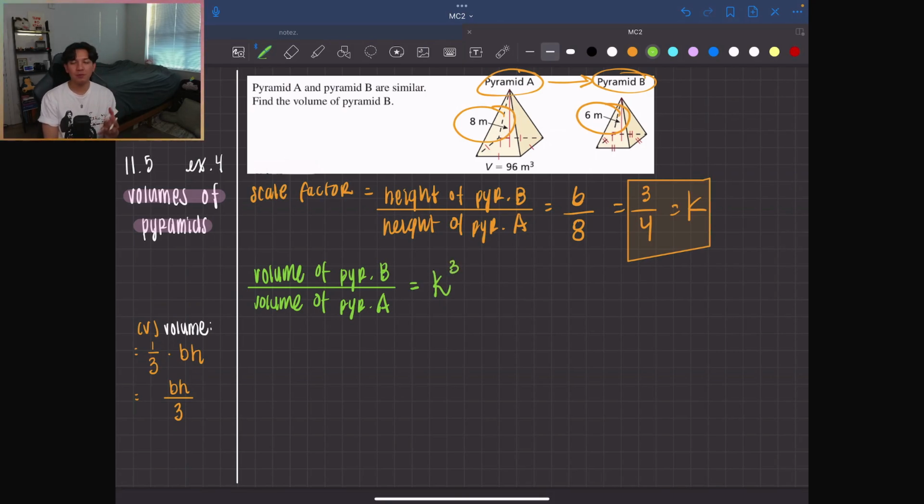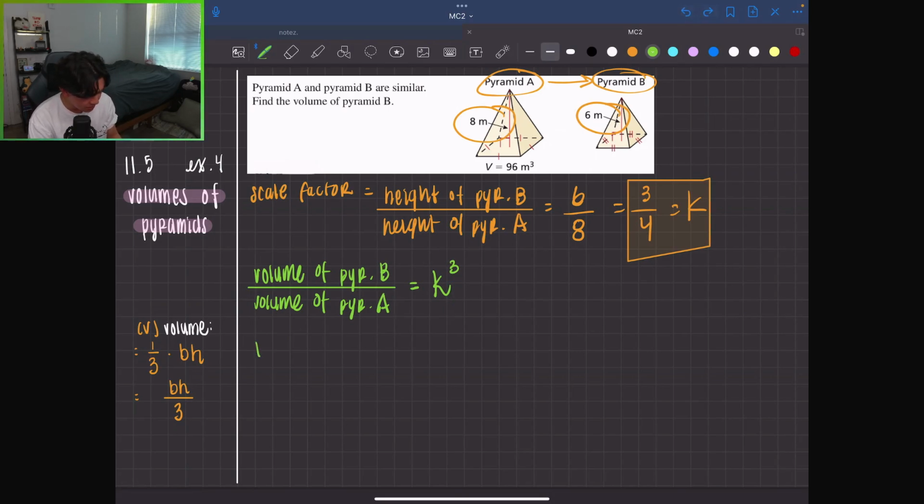The reason it's cubed is because we're working with volume, and volume is in cubic measurements. So let's substitute these values. We do not know the volume of Pyramid B, but we do know the volume of Pyramid A and our scale factor.